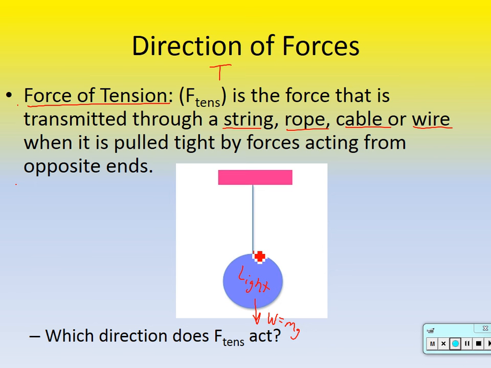There must be another force that's acting opposite of its weight or gravity. What do we call that force? Tension. So in this cable right here, we call that tension, and it acts in the opposite direction of the weight. Well, it would act in whatever direction this cable, string, or rope, or whatever it is, is facing.